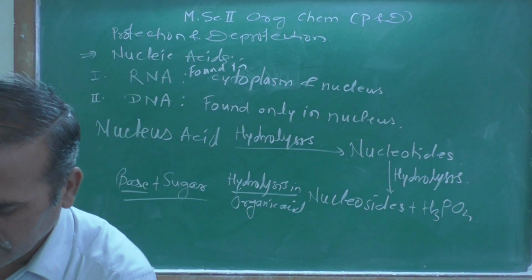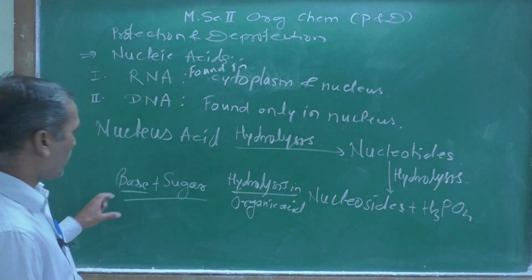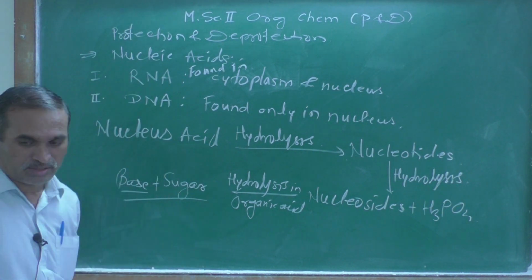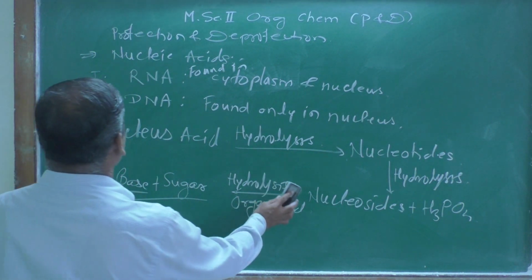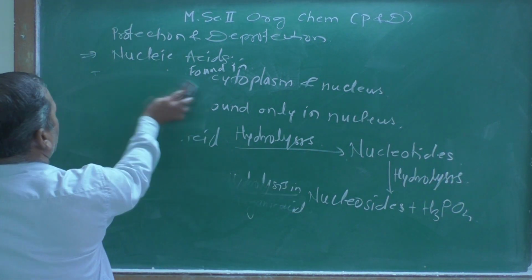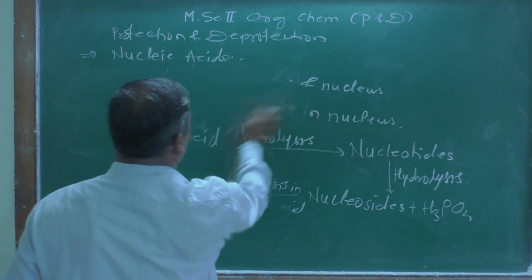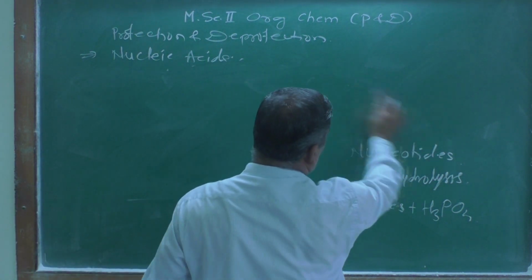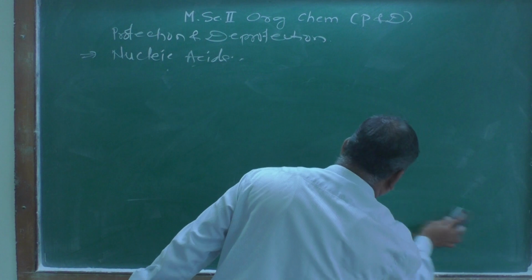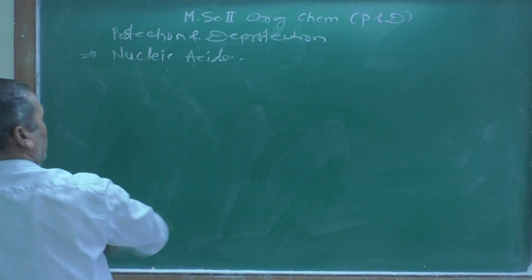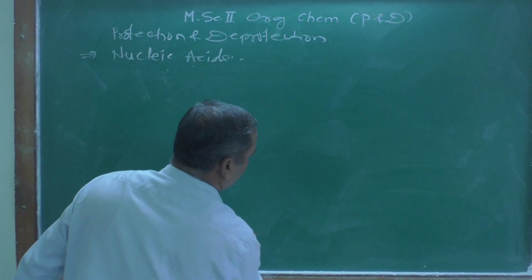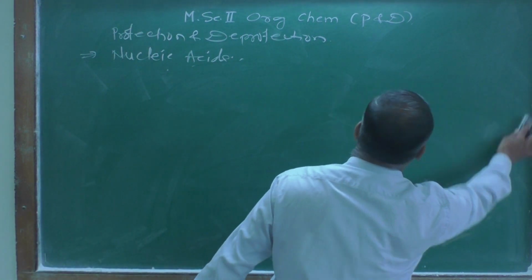Now let us see what the bases and what the sugars are. We have just seen that the starting materials used for the formation of nucleic acid are the base and the sugar.